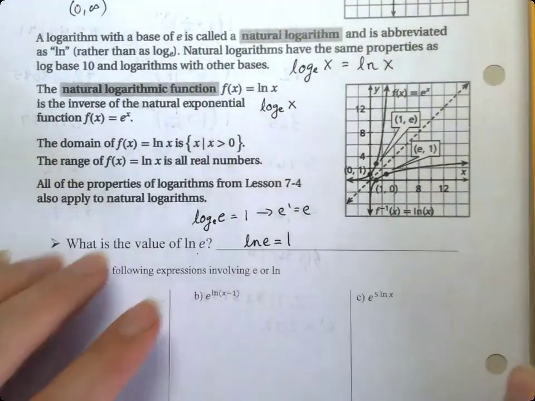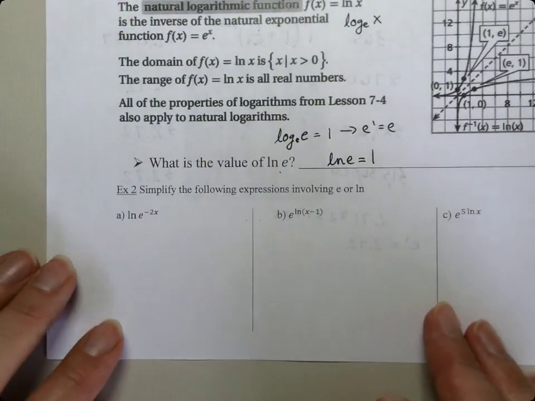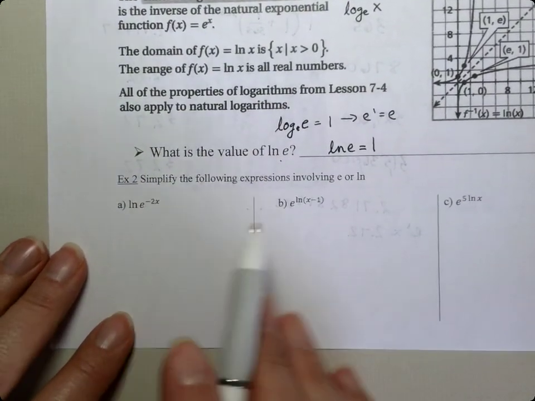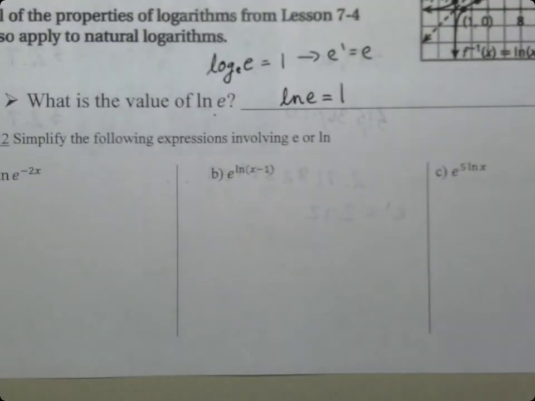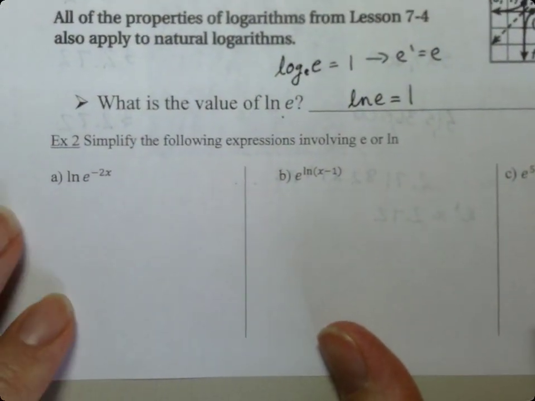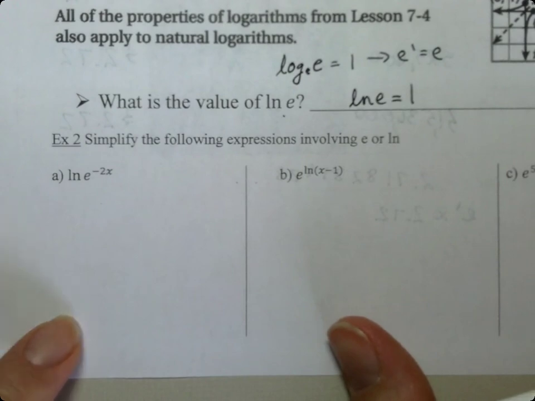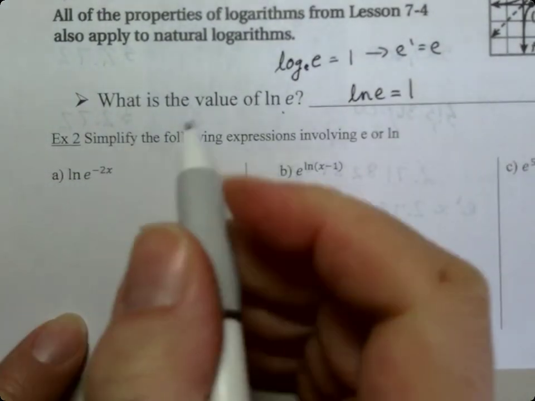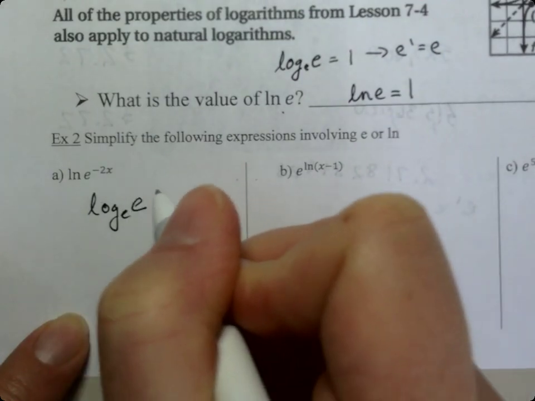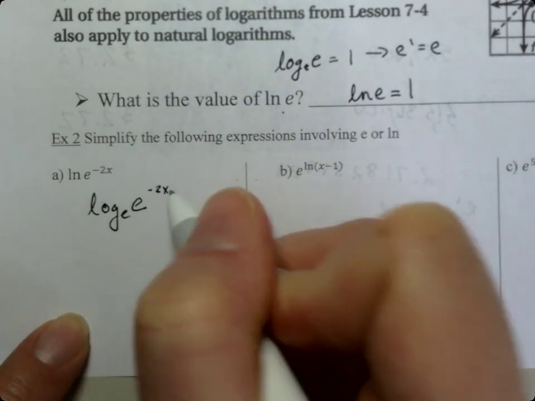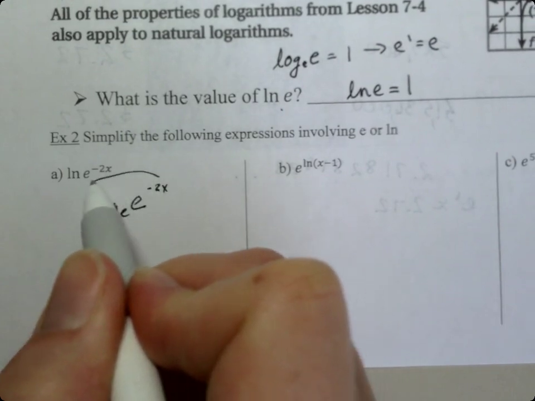All right, so a should be super easy. Why should a be super easy? We can use mental math. We don't even need a calculator on it. Well, natural log of e to the negative 2x is the same as log base e of e to the negative 2x, isn't it? And isn't that the power property?